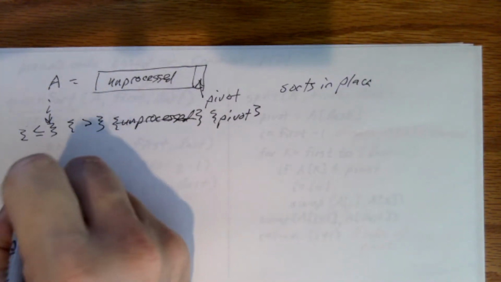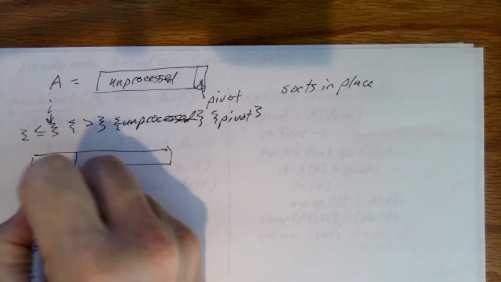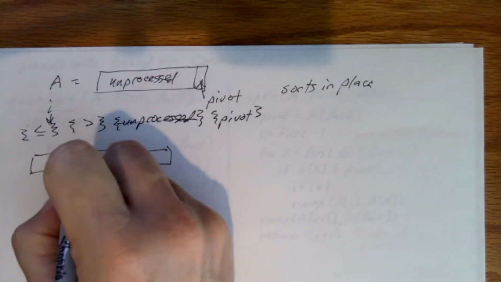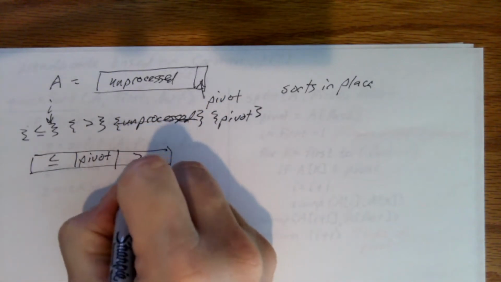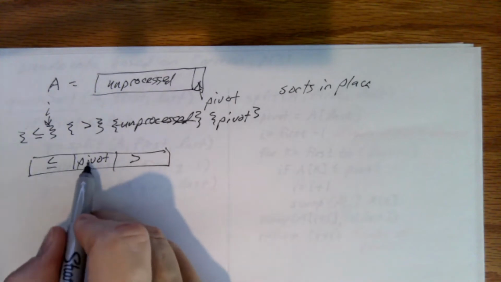What we do then in our array is that we would have less than or equal on this side in some order. They're not sorted yet necessarily. Then we will put the pivot in its final position, and then we will have the greater than values. And so how do we know where this goes?